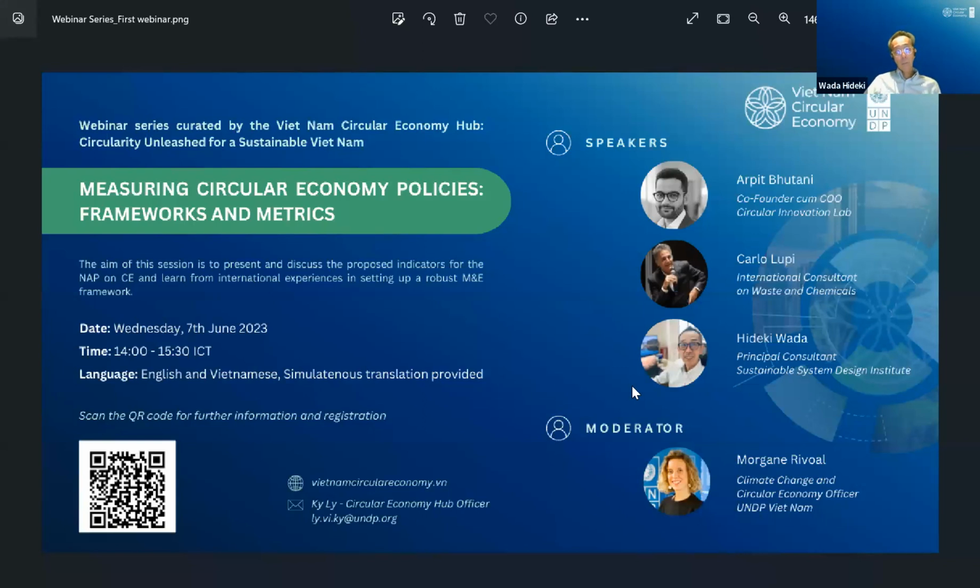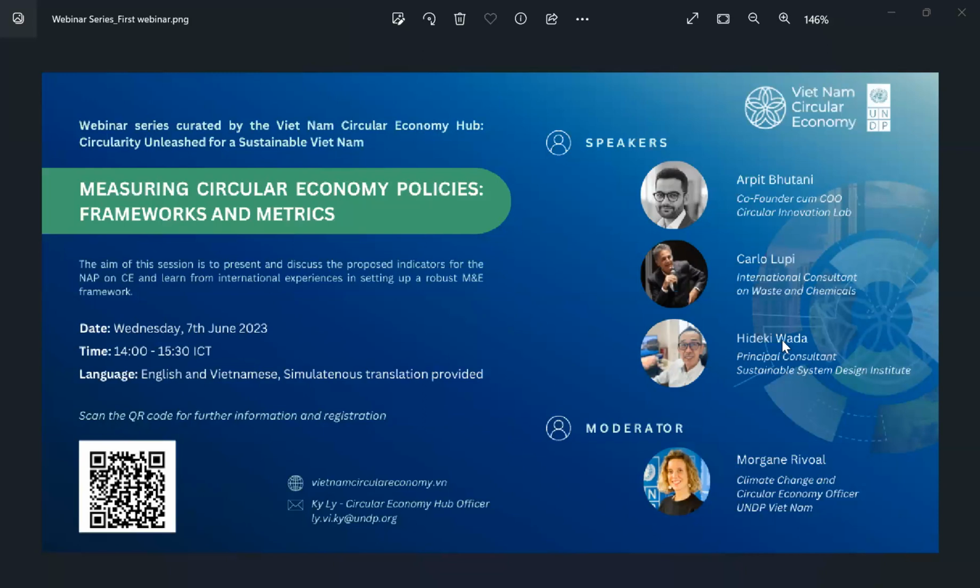You also heard from Carlo, who looked more from a systemic perspective at socioeconomic indicators, GDP, air pollution, and we also heard from Arpit that there are many different ways of formulating a circular economy roadmap, including, for some countries, very general indicators. So of course, in Vietnam, we know how important the MNE framework is.